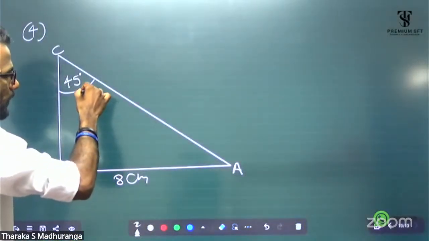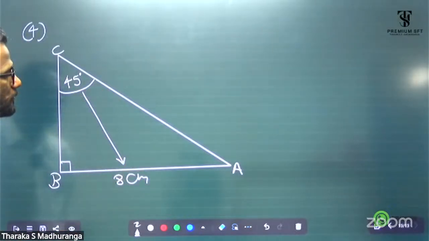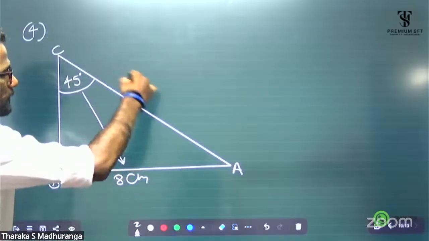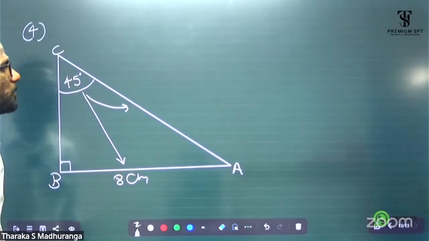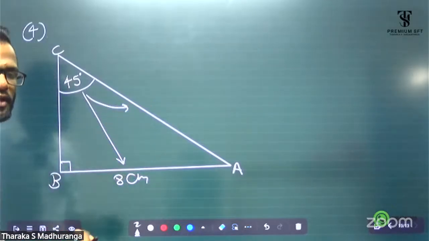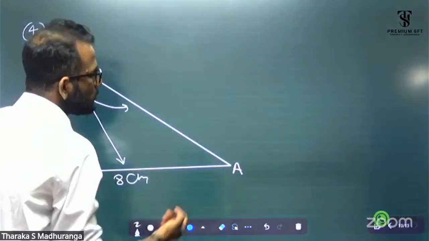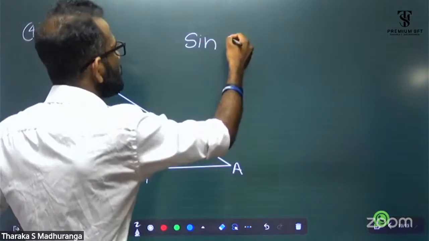Okay, the length of the opposite side is given. The question is AC. AC is the hypotenuse. The relationship between opposite and hypotenuse is sine. Sine angle is 45.